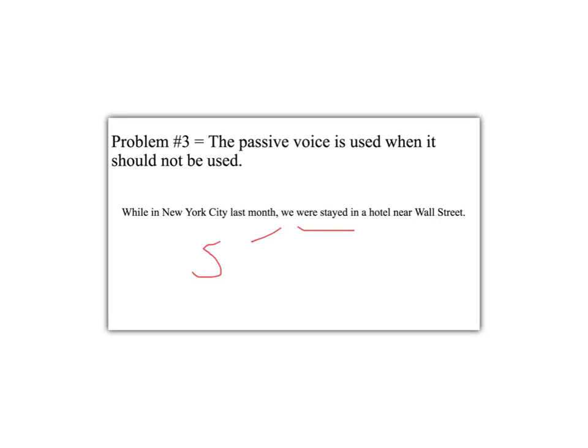Here is our verb, were stayed in a hotel near Wall Street. Now, if we is our subject and were stayed is our verb, the subject is doing the action. We are staying. We are the ones doing it. But this form is the passive. It has were stayed. So it has to be changed to active. We stayed in a hotel near Wall Street.